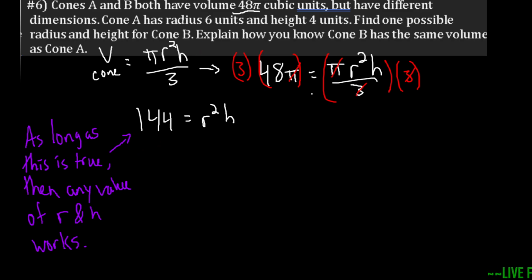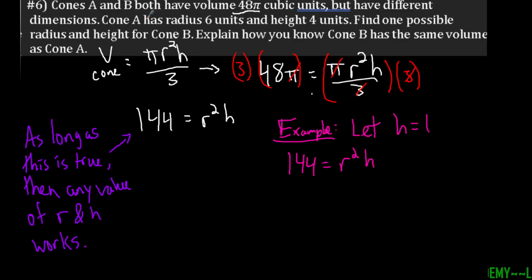So what I'm going to do on the side here is let me do an example. I'm going to say let h equal 1. So if we plug this in, we have 144 equals r squared times 1, which if we simplify is 144 equals r squared, and we can solve for our radius by taking the square root of both sides.